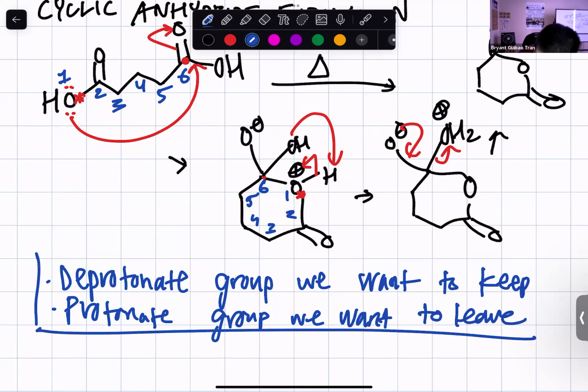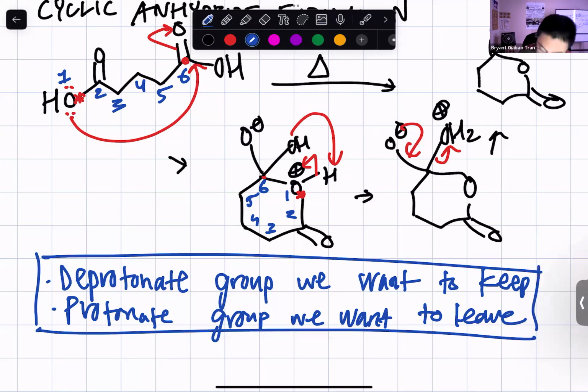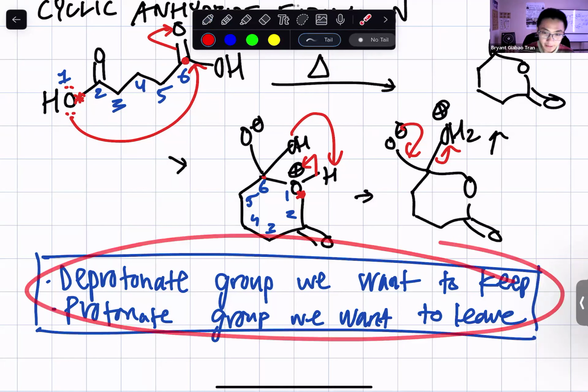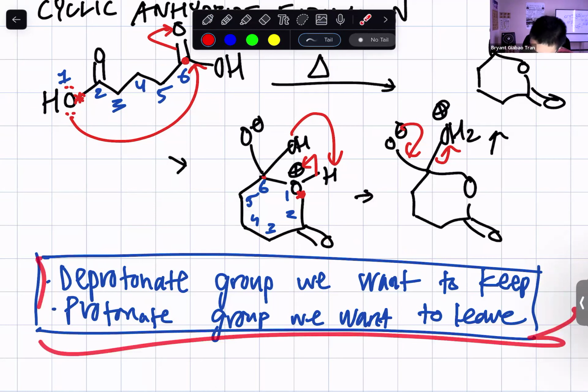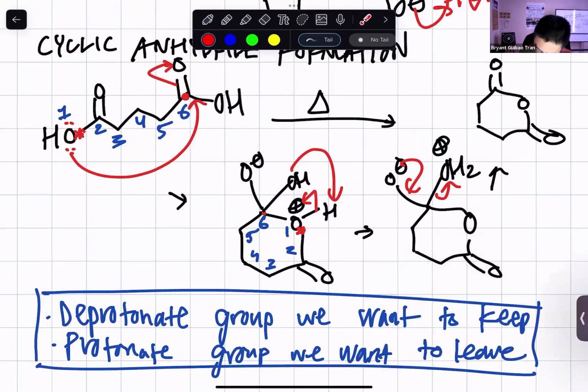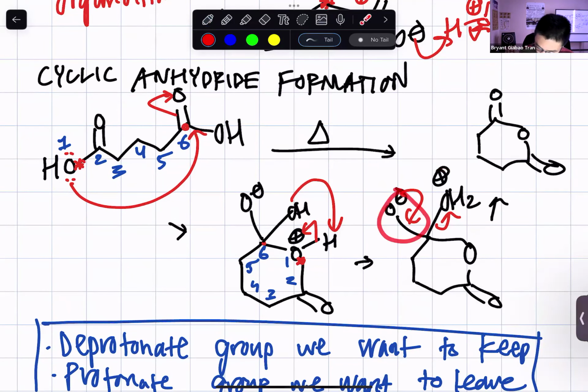These 2 points right here are the proton transfer steps in acidic conditions. In acidic conditions, these are the common steps that you're going to do for nucleophilic acyl addition elimination. Once that's ready, we kick out the good leaving group by reforming the carbonyl and kicking out the good leaving group there, making this cyclic anhydride.